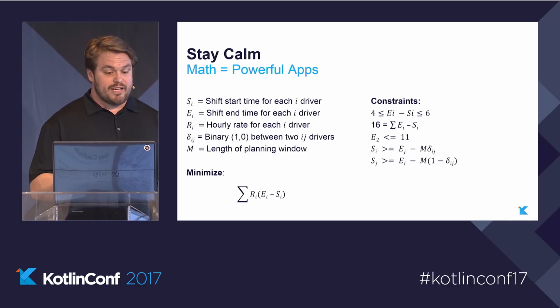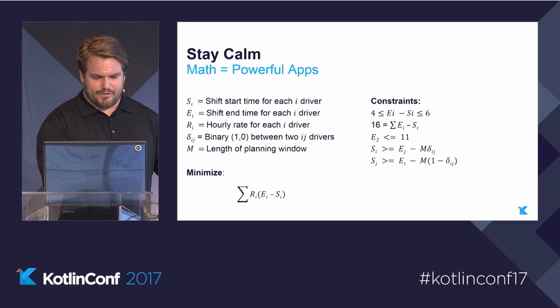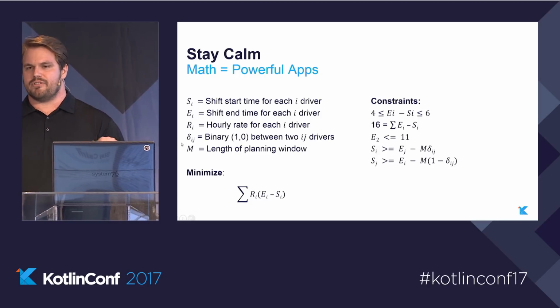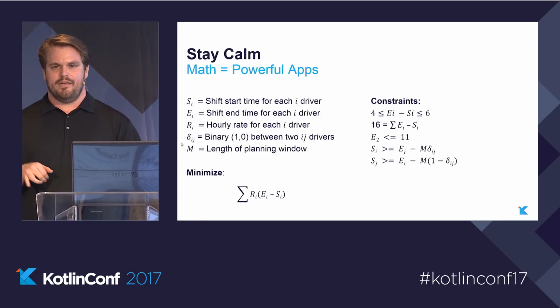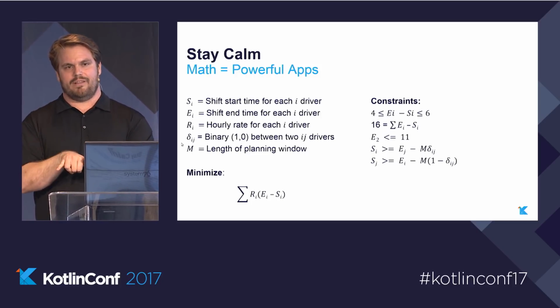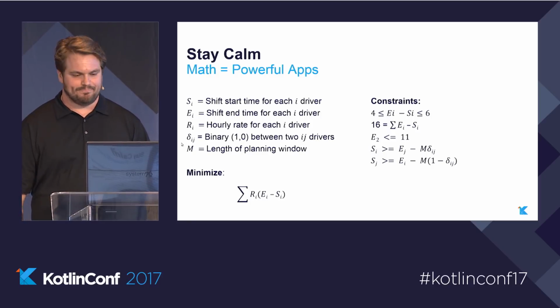Those are defined as variables for each driver. And then there's this binary, I forget what the symbol's called, this Greek symbol. But that's a binary, a 1 or a 0 between two drivers, just to make sure those drivers never have their shifts overlap. So basically using that binary will prevent the shifts from overlapping and ensure that only one driver is working at a given time.